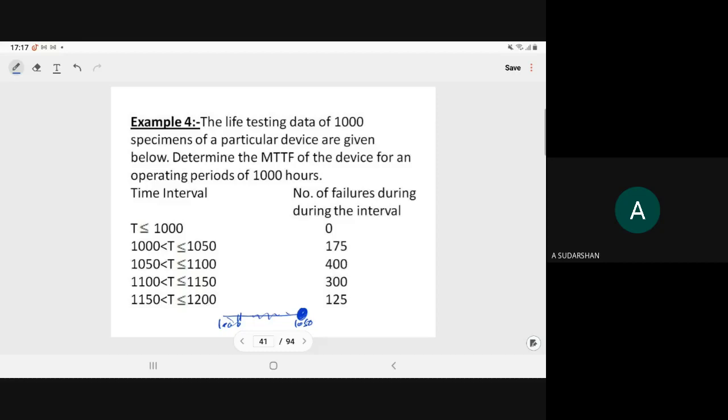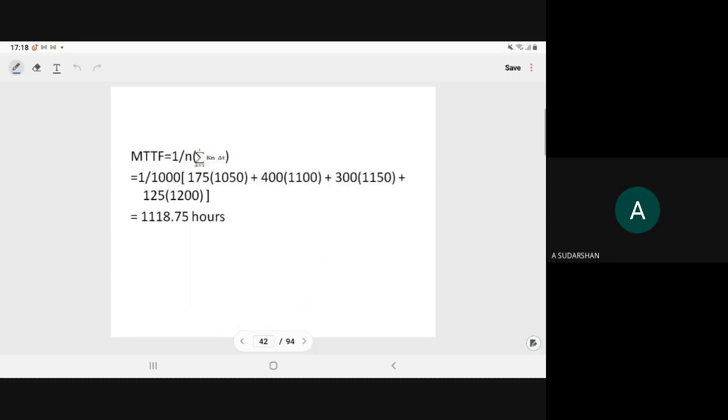So the total mean time to failure will become 1 upon 1000 times: 175 survive up to 1050, 400 fail at 1100, 300 fail at 1150, and 125 fail at 1200.